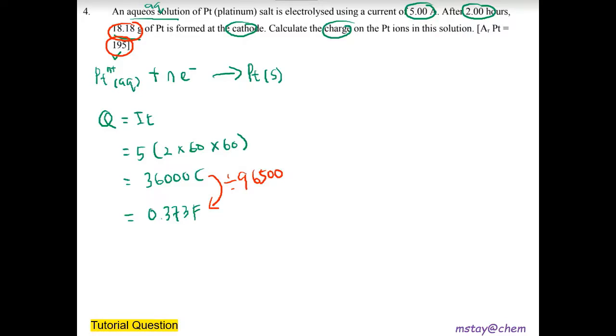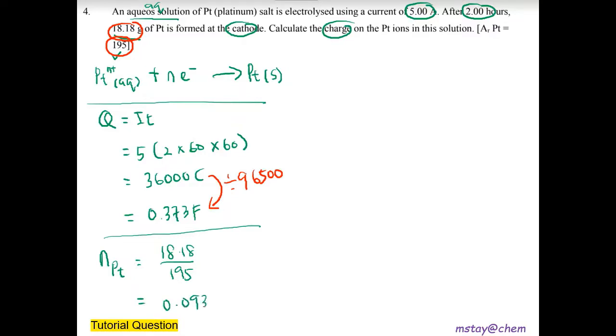Number of moles of platinum formed equals 18.18 divided by 195, which is equal to 0.0932 mole. Okay, then now here we're going to do the comparison.